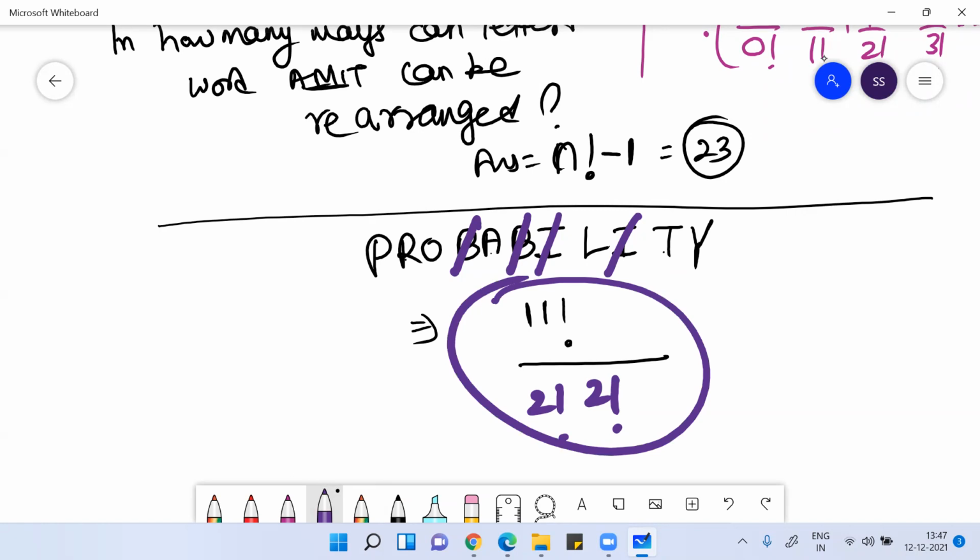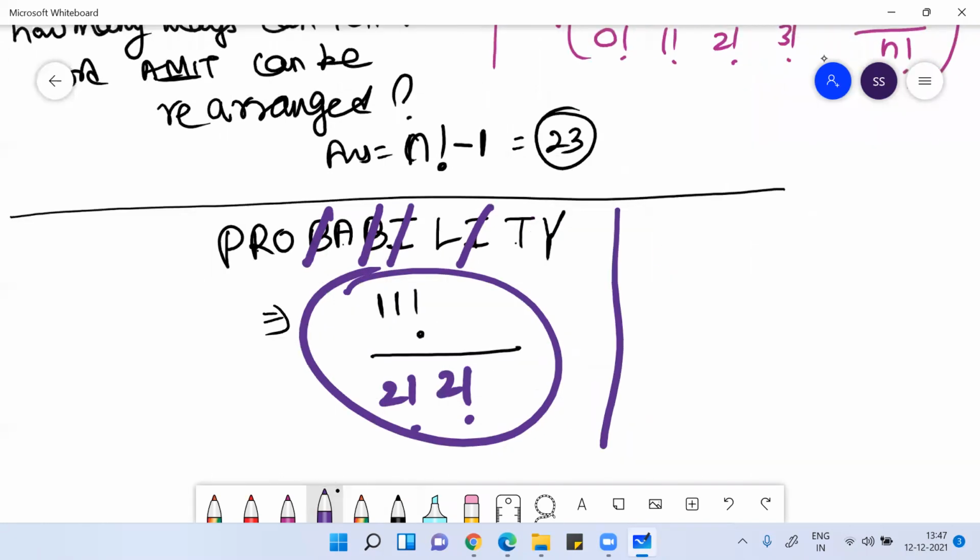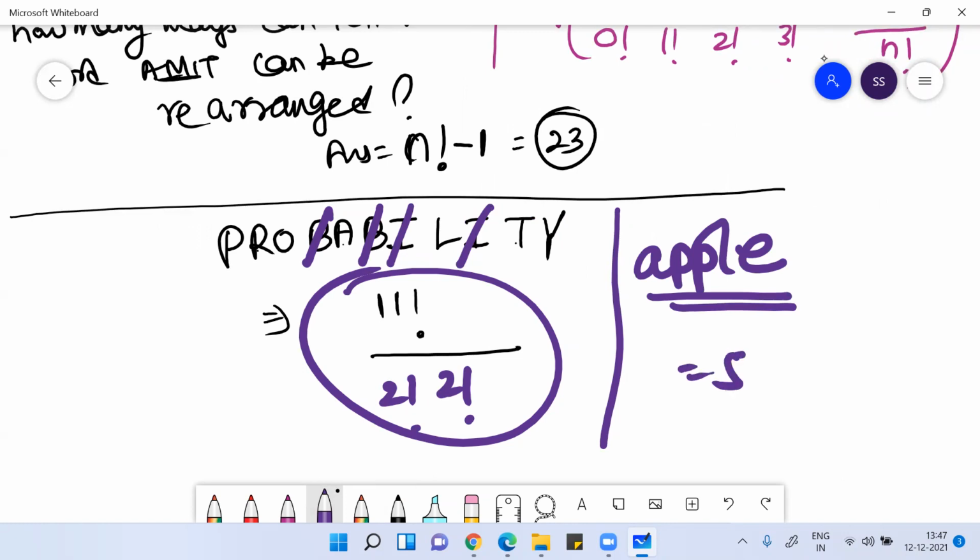So this would be your answer. If I ask you how many ways can you arrange the letters of the word apple, that would be 5 factorial by 2 factorial. Why 2 factorial? Because P came twice. Clear, everyone? Are you getting this? Anyone, any doubt?